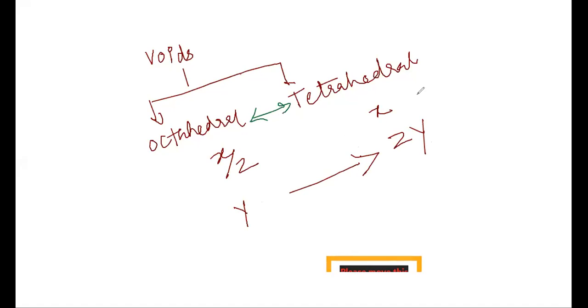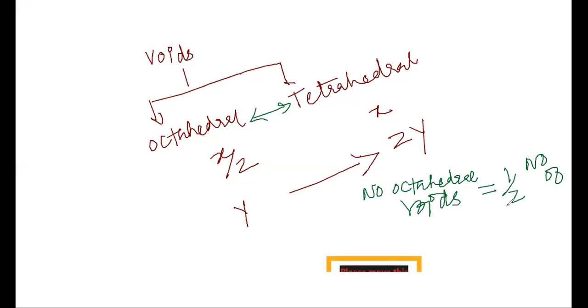What we can easily say is that the number of octahedral voids is equal to 1 by 2 the number of tetrahedral voids.